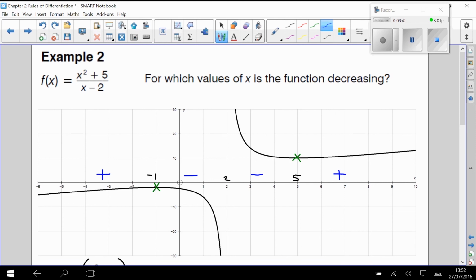So if I draw those in, you can see my two 0 gradients. The first 0 gradient was when x was minus 1, and the second gradient was when x was 5. You have now very successfully used your quotient rule for differentiation in order for you to take a look at a function and analyze whether it was increasing or decreasing.